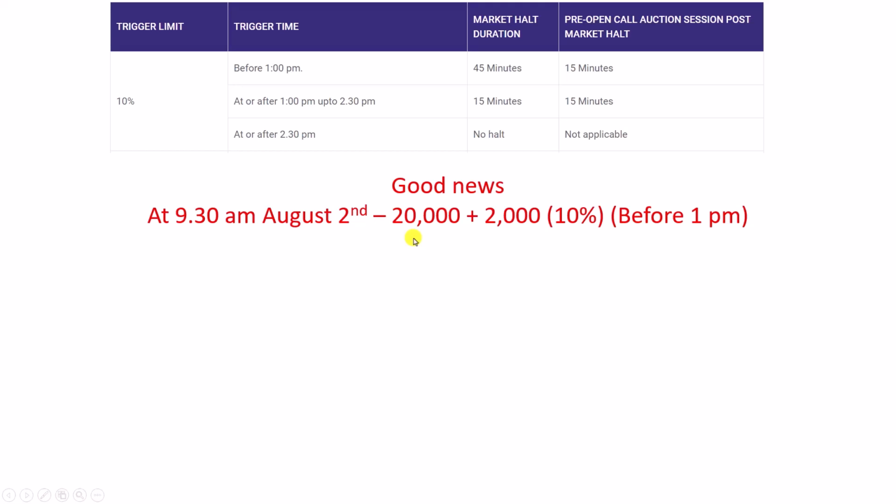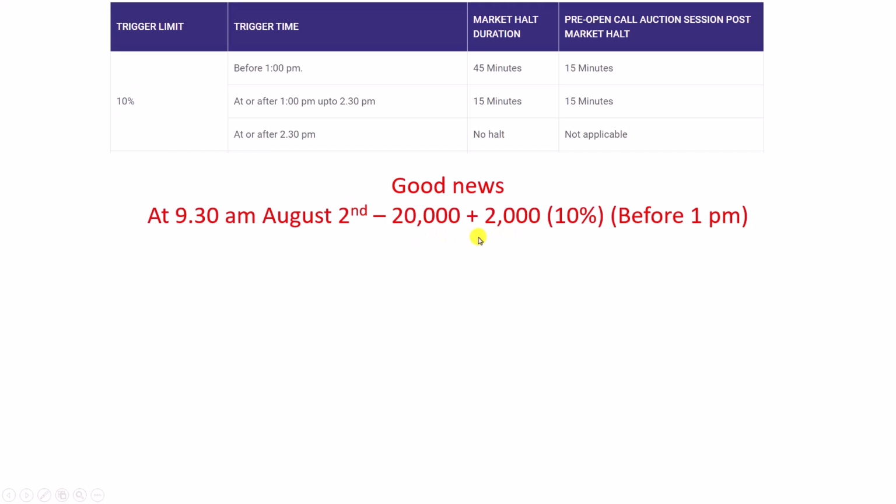Now what is this upper circuit? It is previous day's close plus 10%. 10% is the trigger limit. Okay, 20,000 plus 2,000, 22,000.